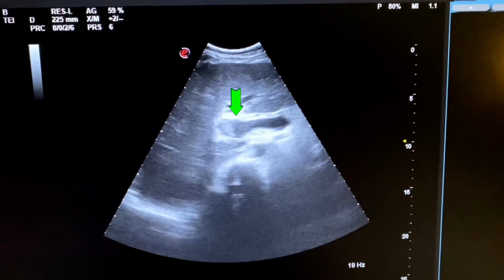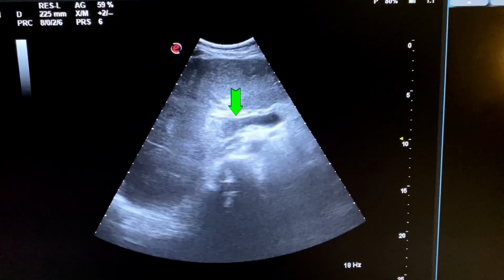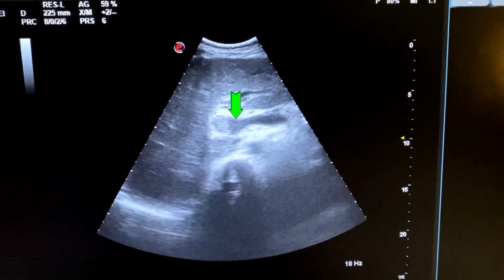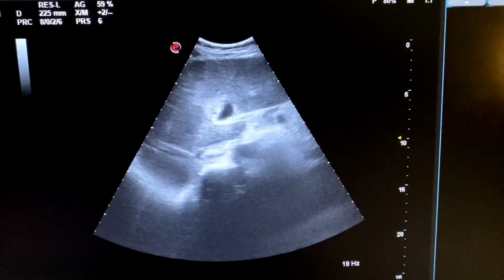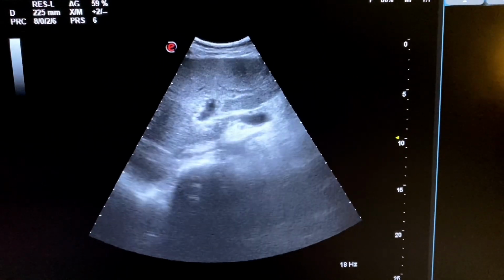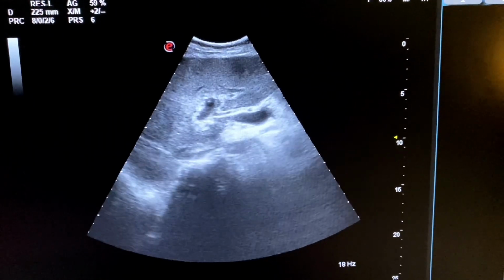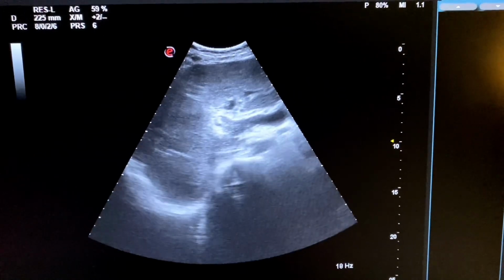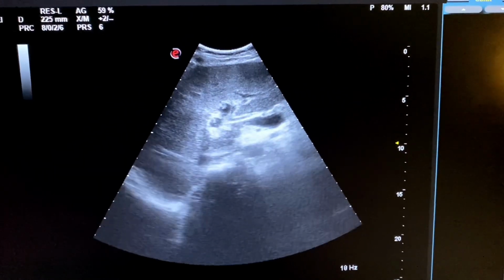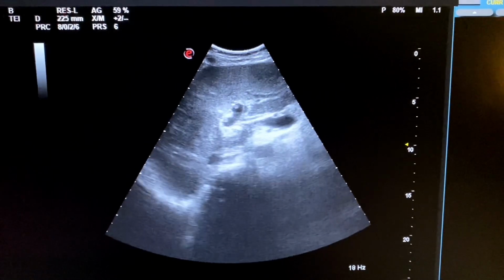Commonly, thrombus is present in the portal vein in severe chronic liver disease, as we see the heterogeneous structure of the liver with irregular margin and multiple focal lesions.